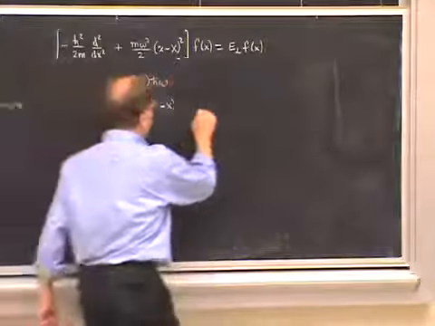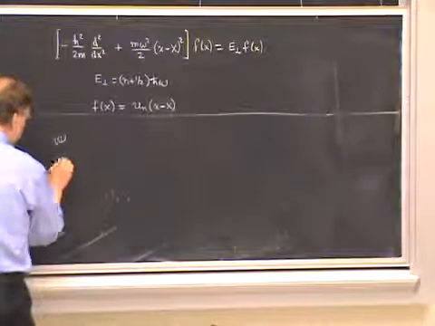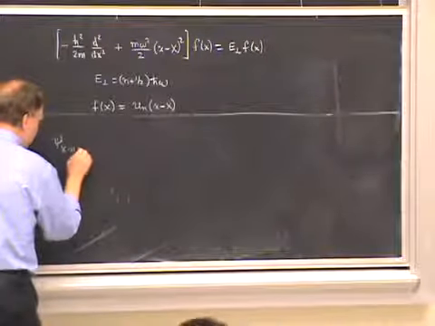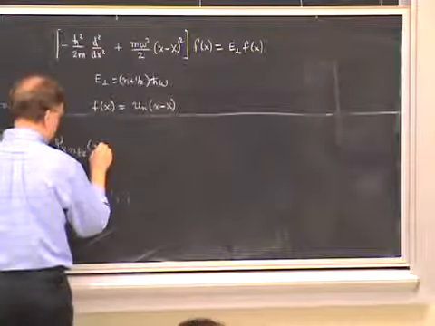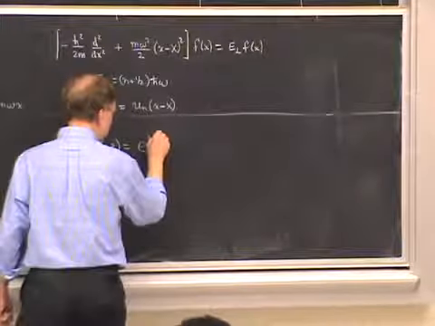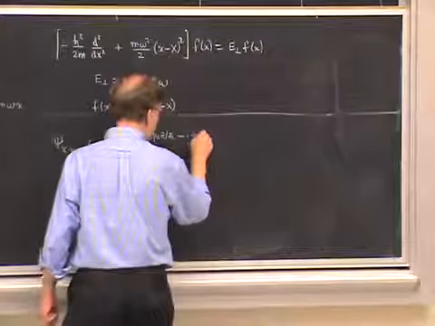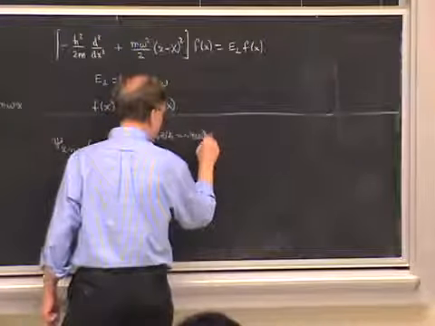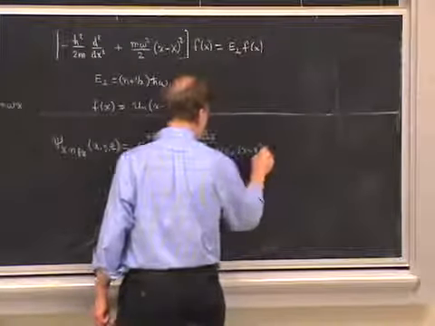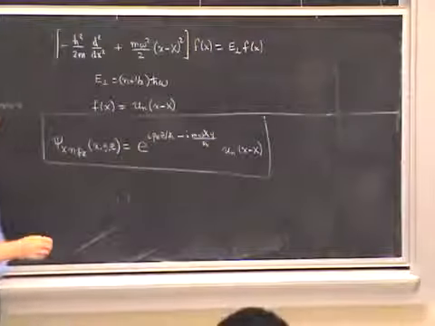And so we can now put the whole solution together, and we have psi, the wave function, which is characterized by the quantum numbers capital X, Landau quantum number n, and momentum in the z direction, as a function of x, y, and z, is equal to e to the i p_z z over h bar for the z direction, minus i m omega capital X times y over h bar for the y direction, times u_n of x minus capital X for the x variable, and that's the solution.